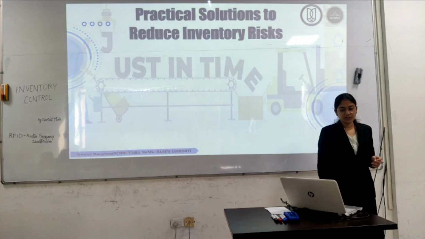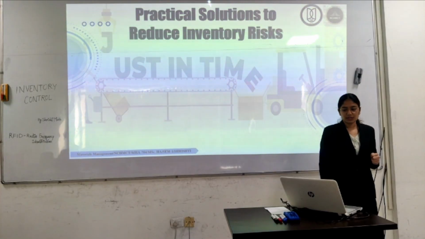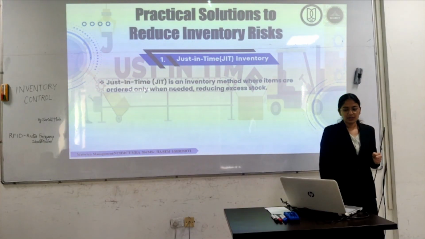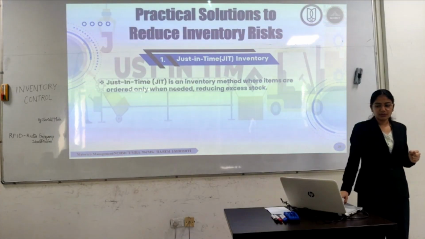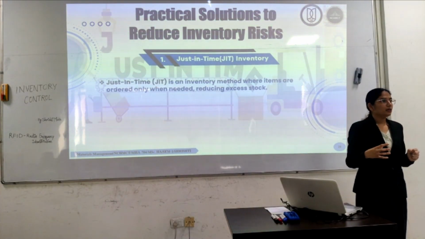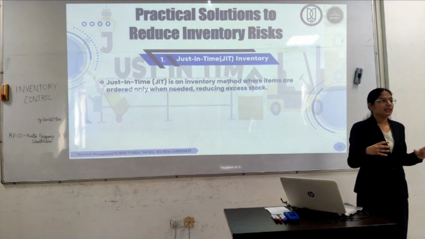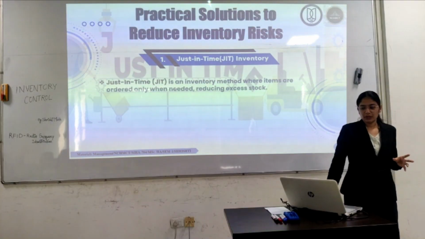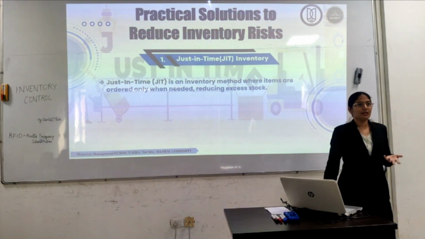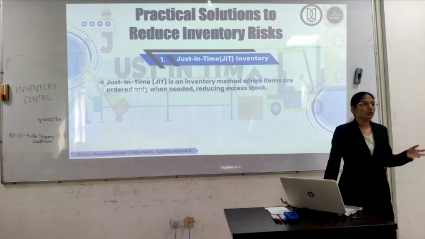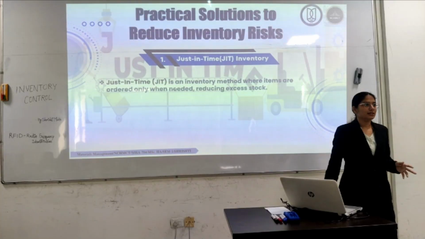Some practical solutions which reduce inventory risk. First is just in time. Just in time is basically ordering only when needed. Like in our personal life, we do impulsive buying when we don't need anything, but we buy things.